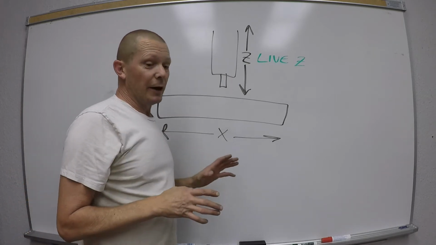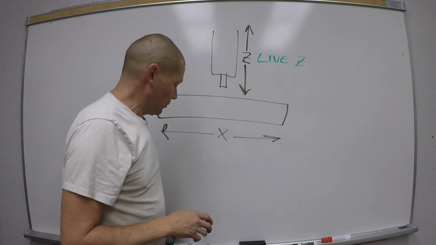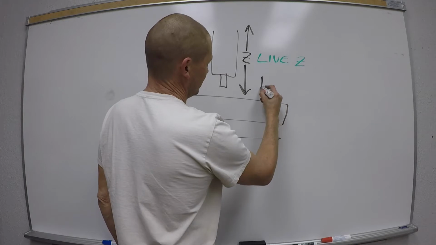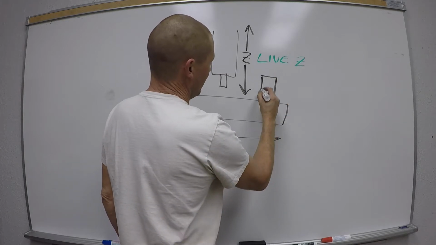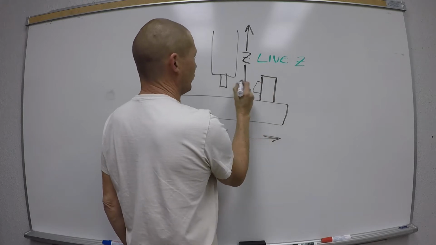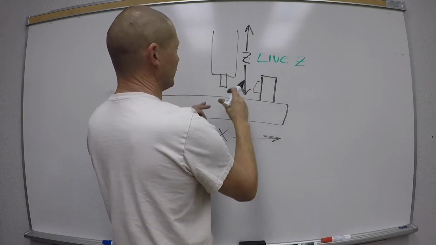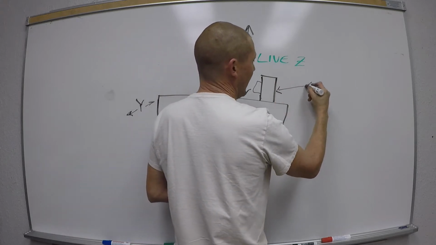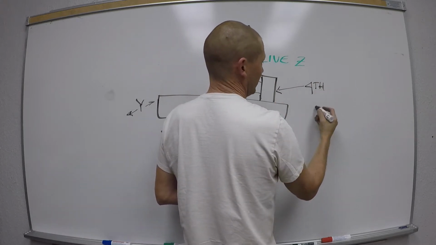I'm going to stop there because we can add another axis. We could put a rotating chuck here, and our part would be hanging out here. Now the table's moving around, this moves up and down, and this is rotating. That became a 4th axis.